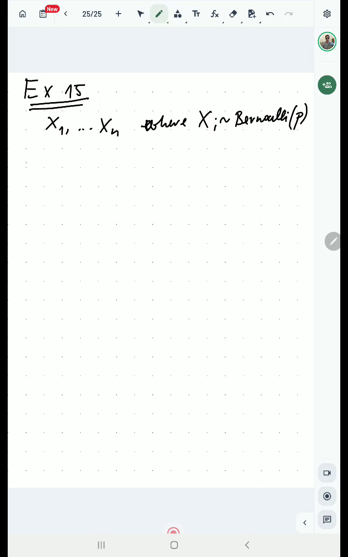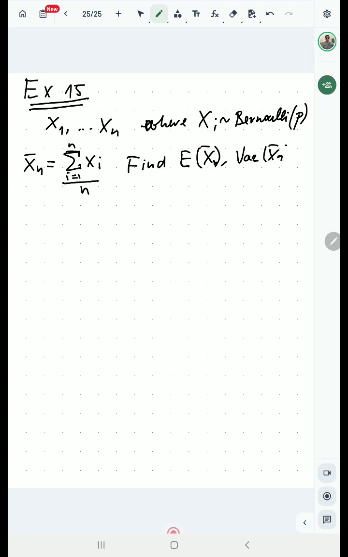Now x bar n is equal to the summation of xi, i goes from 1 to n, divided by n. If this is the case, find the expectation of x, the expectation of x bar n, and the variance of x bar n.